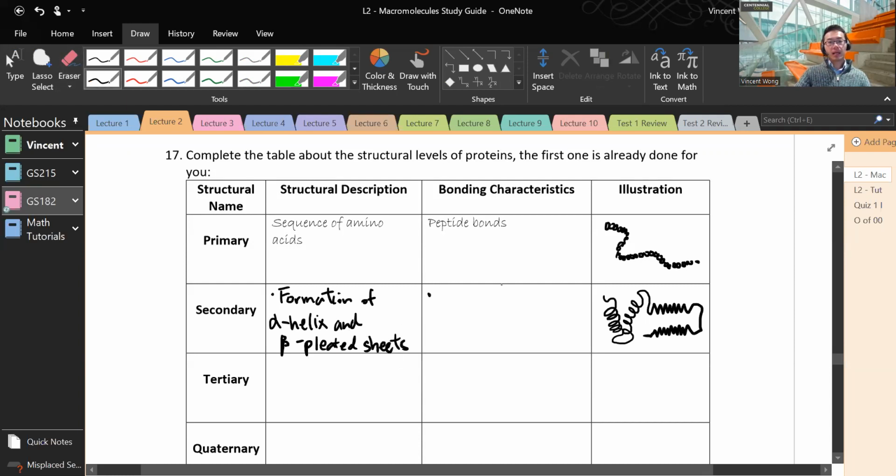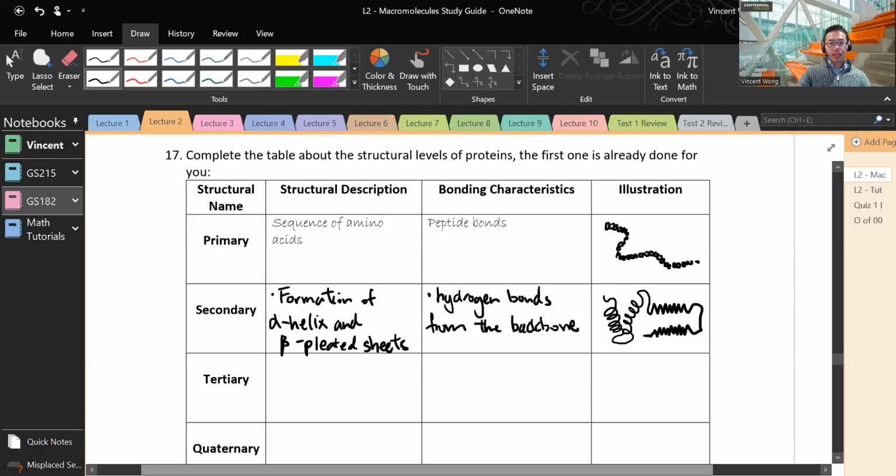And how we stabilize them is through hydrogen bonds from the backbone.